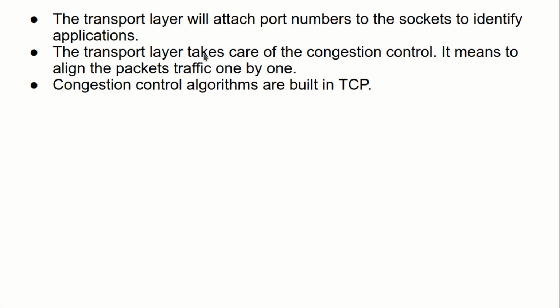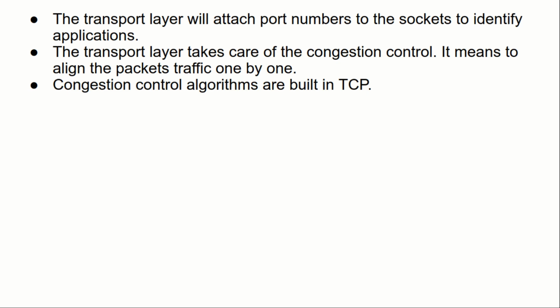So the transport layer takes care of congestion control. It means to align the packets traffic one by one. Let's take an example of cars on the road. Let's say there is a bunch of cars on a single road. In this way the congestion will happen, and the traffic will be jammed because there are a lot of cars on a single road.